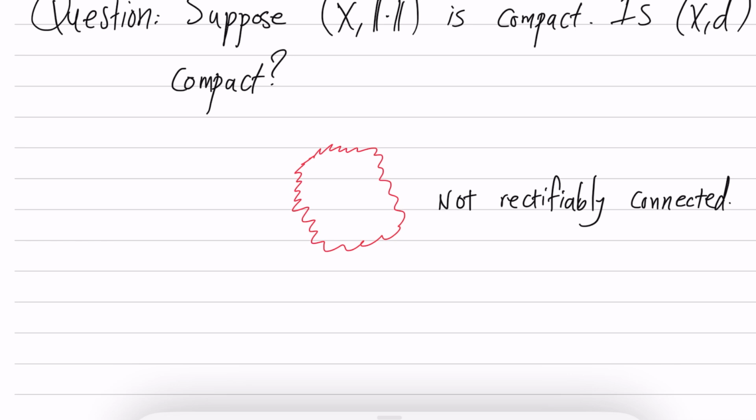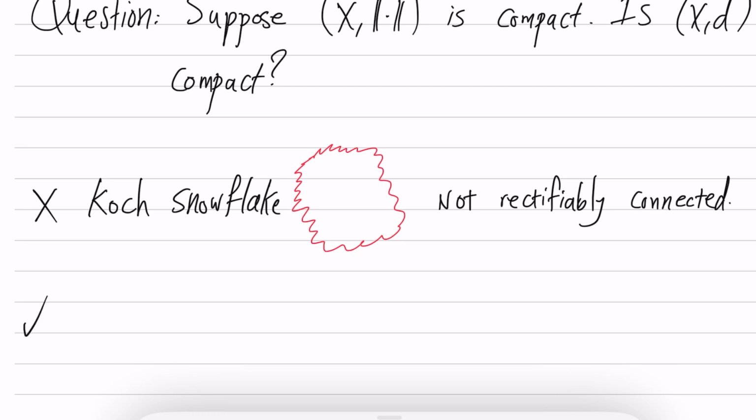This is even path connected, so you have a continuous path, but you don't have any path that has finite length.